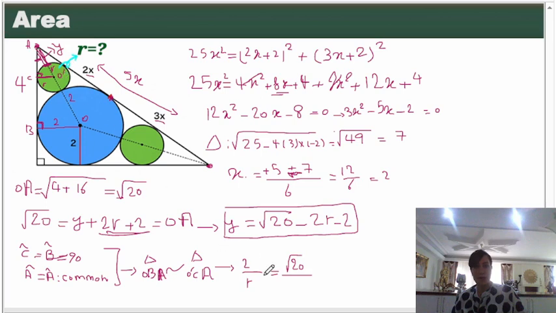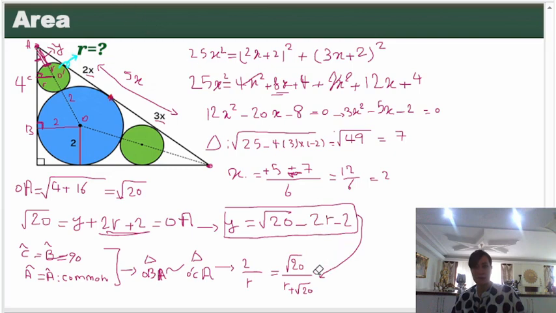O prime A is R plus Y. I write R plus Y. Instead of Y, I can substitute this amount. So R plus square root of 20 minus 2R.